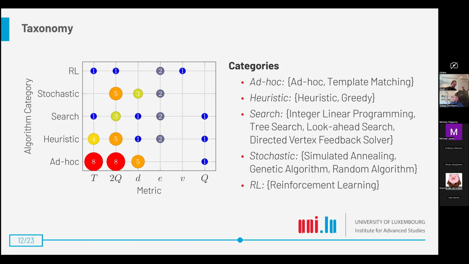I think you also see, for example, we only have one work targeting that ZX diagram vertex count. We have some work now that targets the edge count, and they are targeting the edge count with the idea to optimize the 2-qubit count, as we see later.